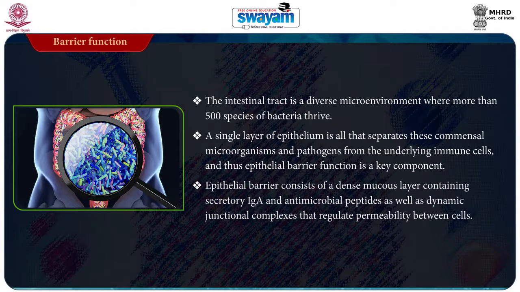The epithelial barrier consists of a dense mucous layer containing secretory IgA, that is antibody A, and antimicrobial peptides, as well as dynamic junctional complexes that regulate permeability between cells.